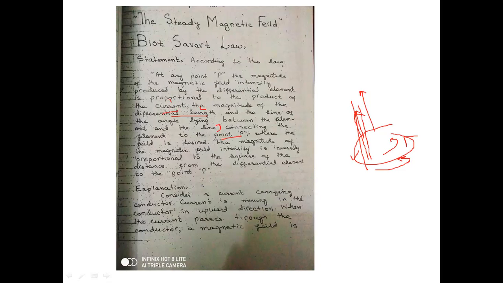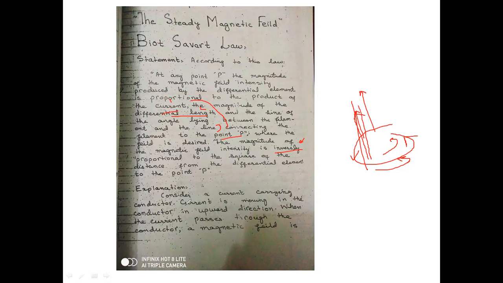The magnitude of the magnetic field intensity is inversely proportional to the square of the distance from the differential element to the point of observation P. These three were directly proportional, and this is the only inversely proportional term.